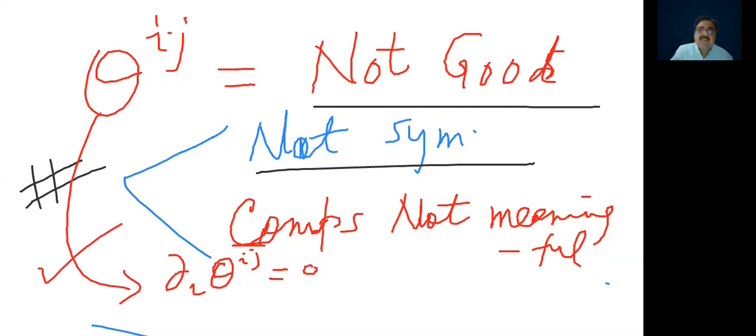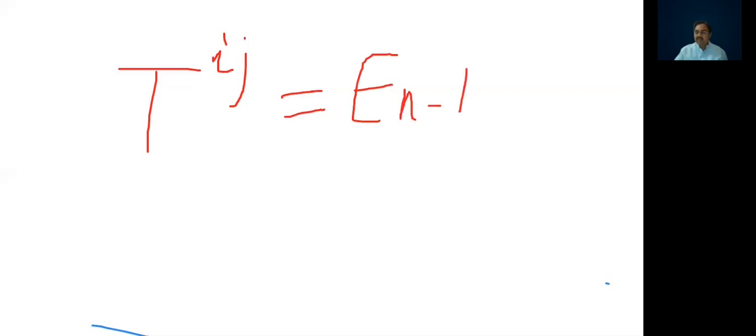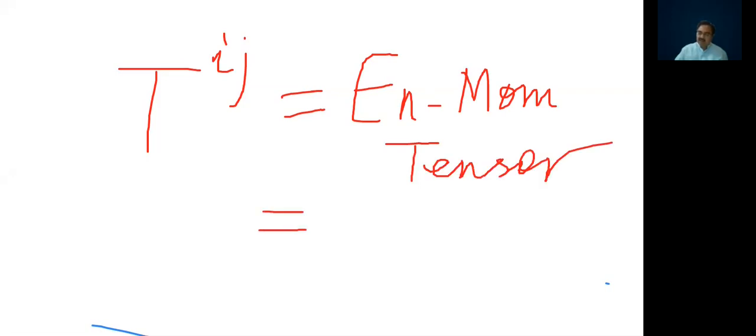That's why we move forward in our journey and try to find a better tensor. That better tensor, which I will talk about tomorrow, is T ij, which we will call the energy momentum tensor, also called the stress energy tensor. We will define it tomorrow. So don't worry.